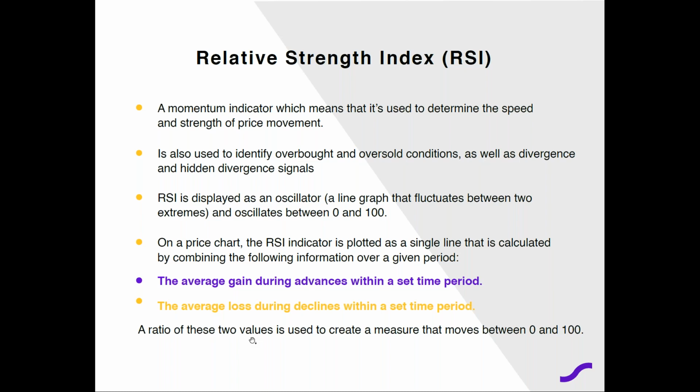Gain means candlesticks closing higher during the day or the specific time interval, and average loss means those candlesticks are closing lower than the opening of the specific candlestick. A ratio of these two values is used to create a measure that moves between 0 and 100, okay?